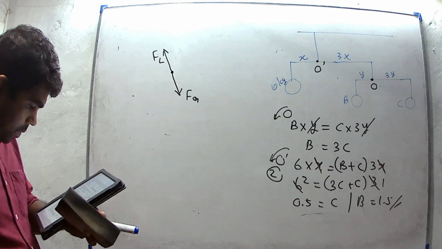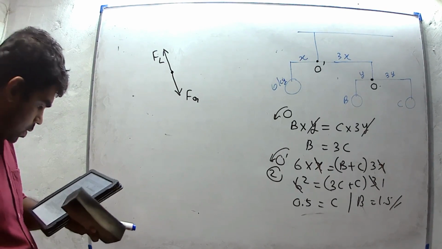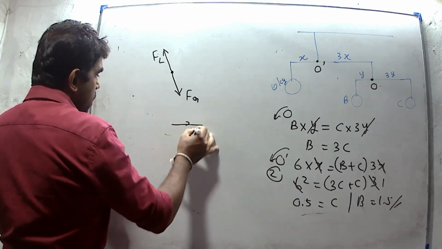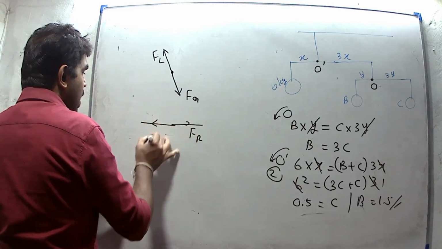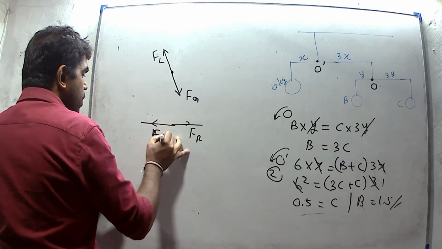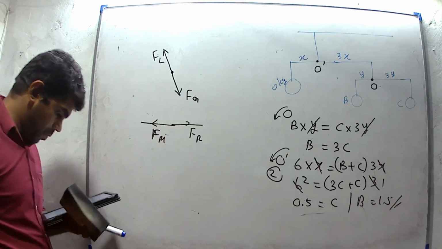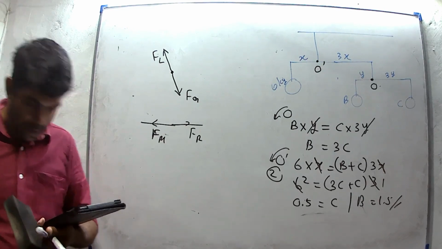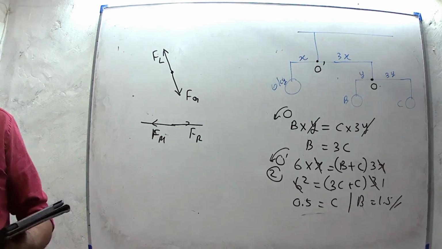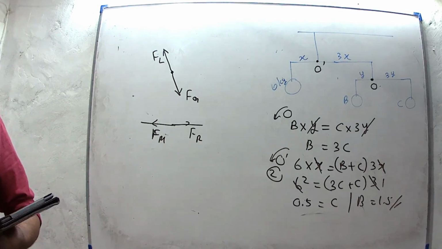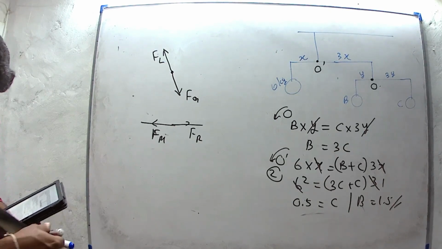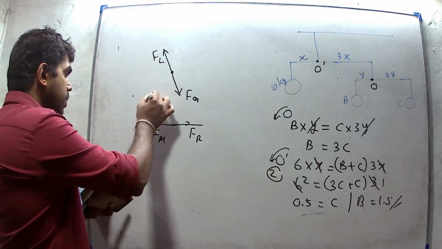And at point Y, force on the rope is in this direction. Force on the man is in this direction. Right. Then the second answer is the correct answer for question number 19.